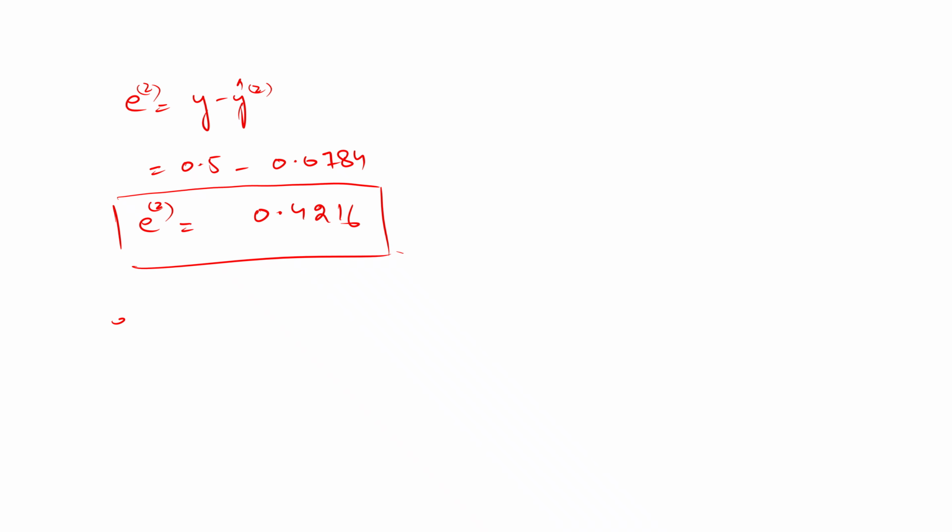So previously when we calculated E, its value was 0.4664, and now when we have calculated this E in second iteration, 0.4216, so we can already see the value is reduced, it is converging towards 0, right?